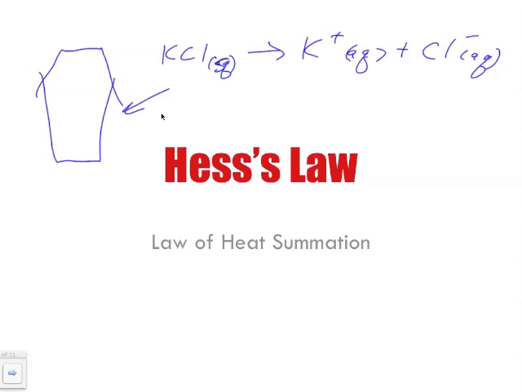like rusting of iron, or any type of combustion. Some combustion reactions, like the combusting of carbon, will form carbon monoxide. We're going to see this reaction in a second, and they require a lot of energy, so one of these calorimeter experiments is not exactly feasible.